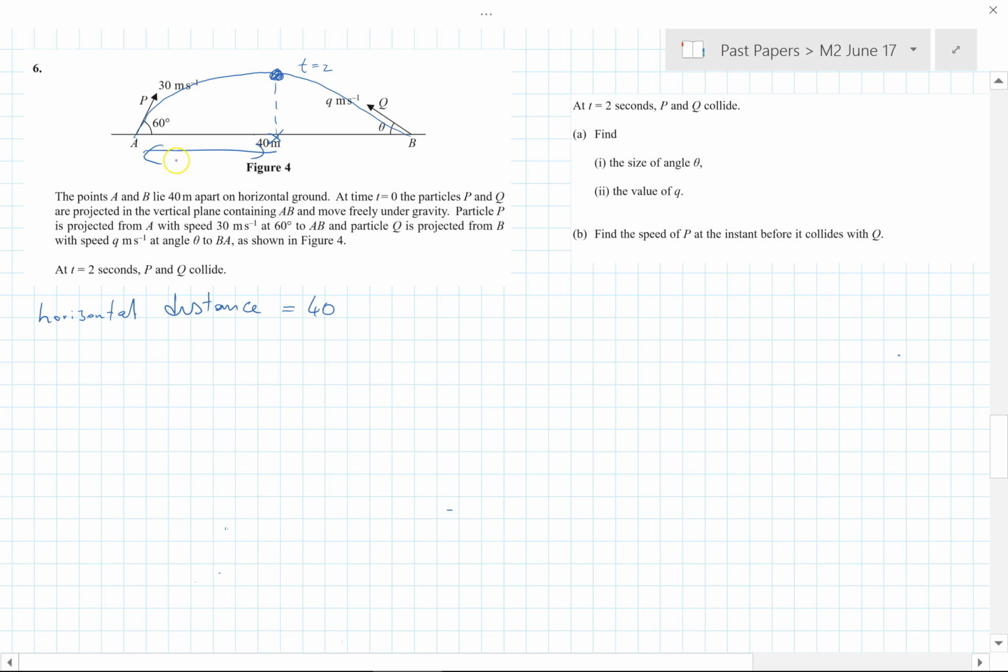Well, that means that the distance moved by this one will be 30 cos 60 times 2, and this one will have moved by q cos theta times 2, and the total of those is 40. It's because the speed horizontally, of course, is constant.